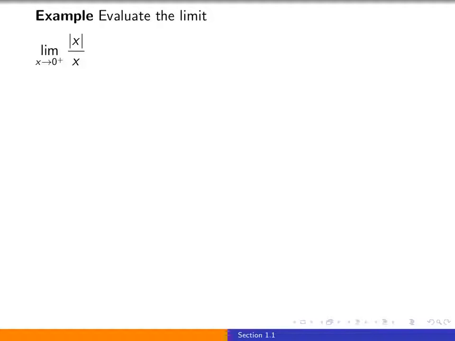Recall previously that we've seen that the absolute value of x is defined piecewise as being x when x is bigger than or equal to 0, which is what we are interested in, or minus x when x is negative. Since we are dealing with x bigger than 0, approaching 0 from the right, we can replace the absolute value of x with just x.